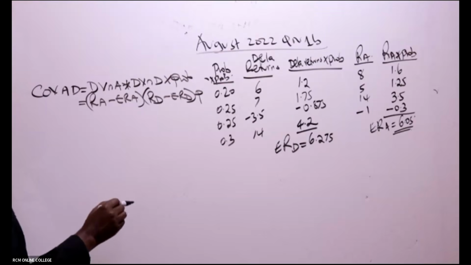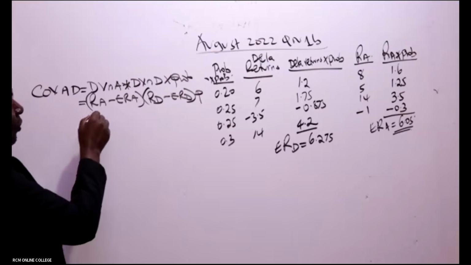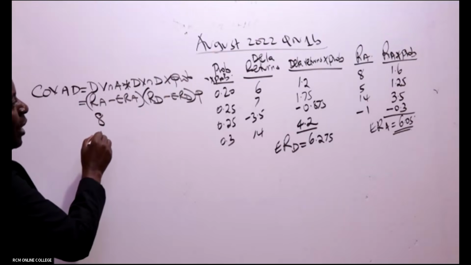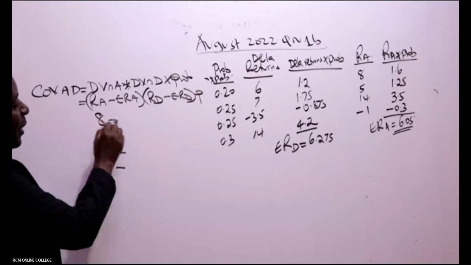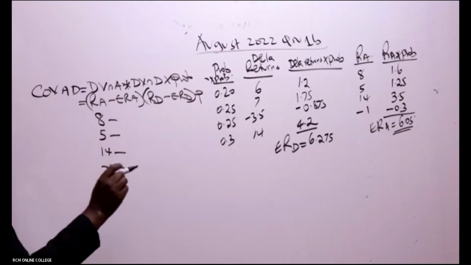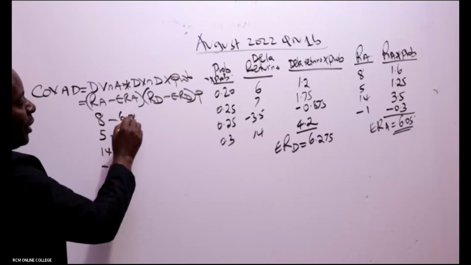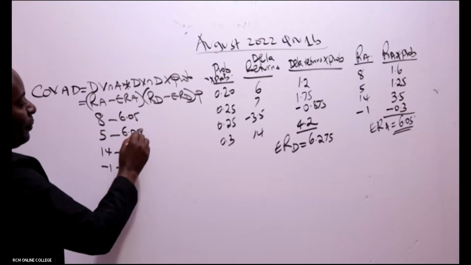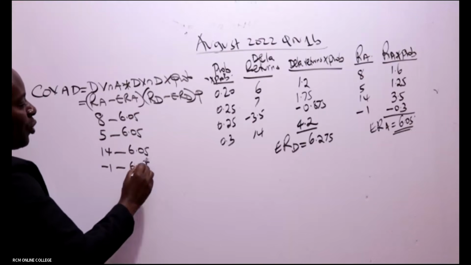So fortunately, we have these returns. We have returns of A, so I start with returns of A. We have 8, 5, 14, minus 1. And then I say minus expected returns of A. They are there, and these expected returns of A will not fluctuate. They will remain the same throughout. So I put them like this.